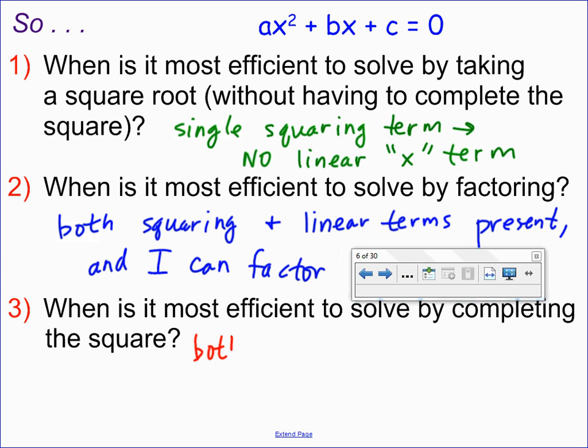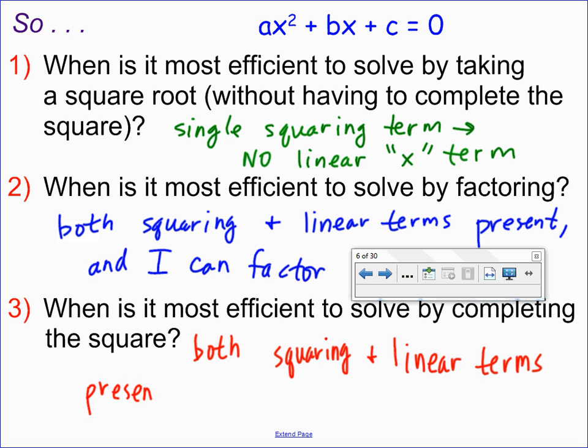Both squaring and linear terms are present, but I can't factor.